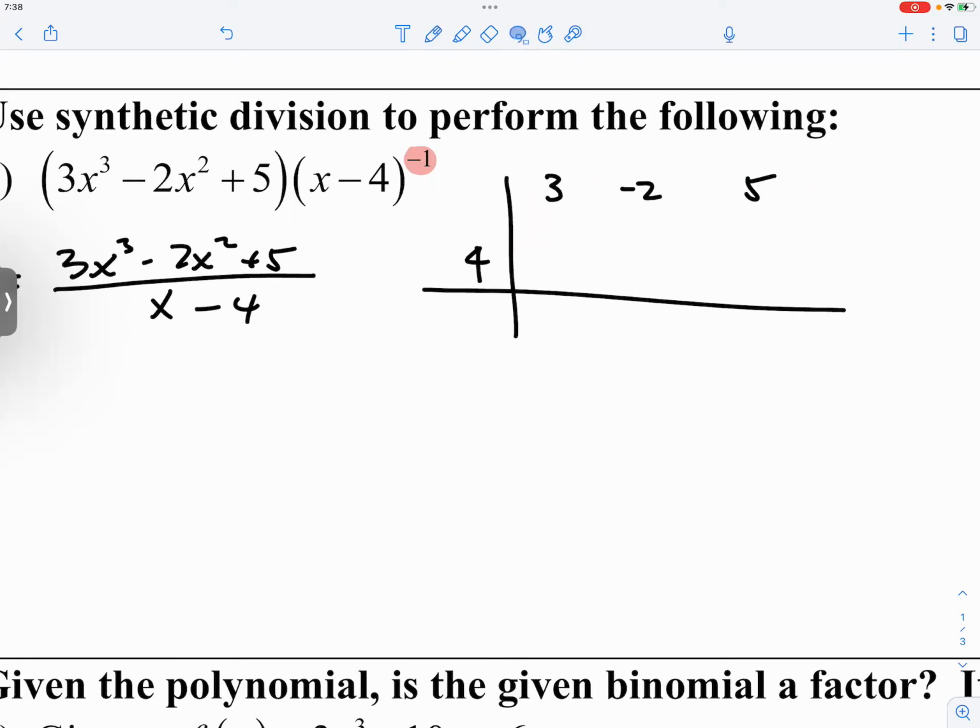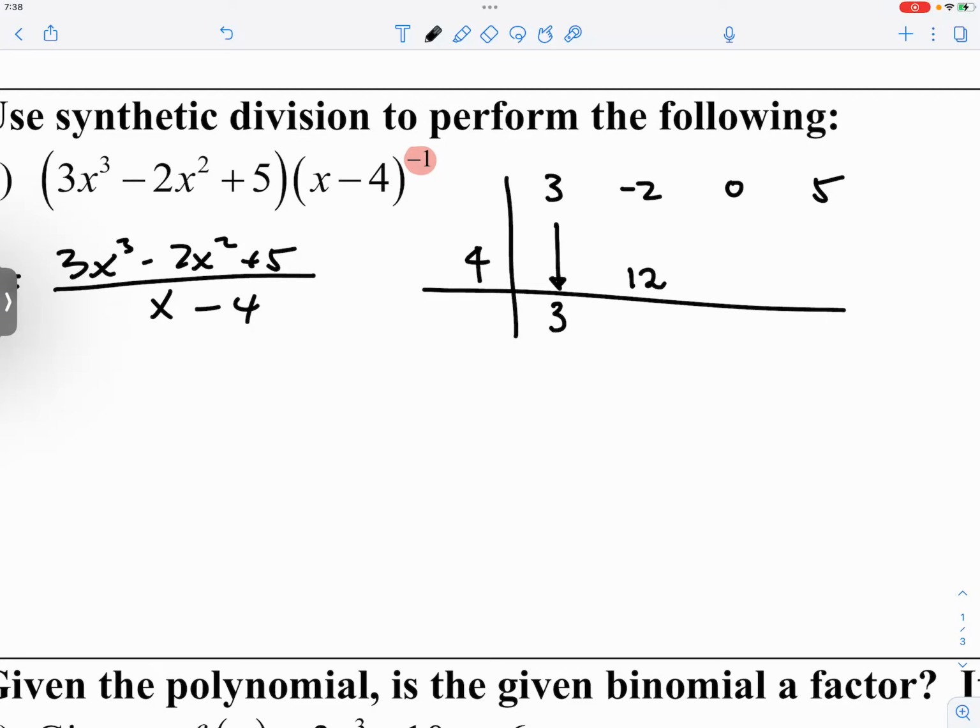Okay, like I said before, your default is that there could be a missing term, and you must always inspect to see how that works out. So again, the first number is always brought down. We bring down the first number, and then we multiply 3 and the 4.